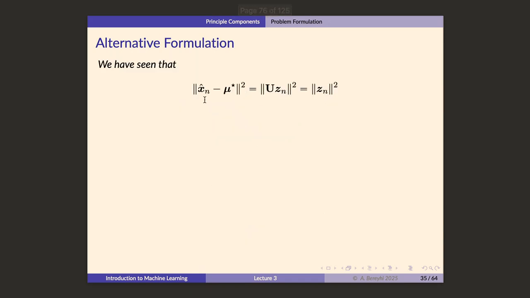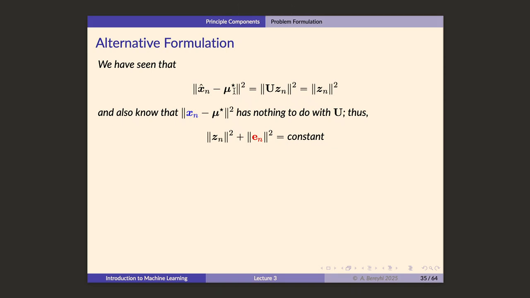Here is x hat minus mu, and we know x hat is uz plus mu, so if I take this mu to the other side, it's uz, right? And u contains bases. As I told you, if you multiply anything with a base, it's not going to change the norm, meaning that the norm of uz is going to be the norm of z itself. So that blue vector I showed you is the norm of your latent representation, yeah? And you can write it down here instead of that term.